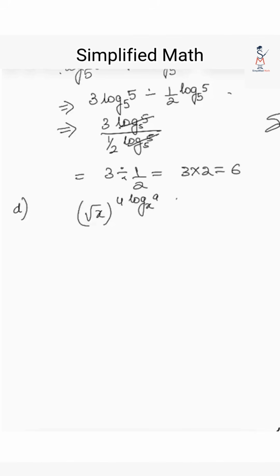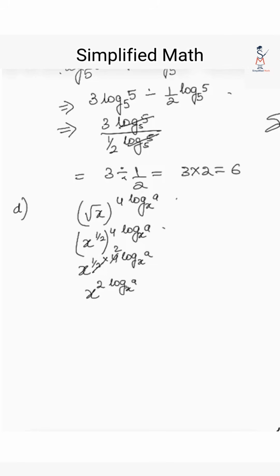Root x means x to the power half, and everything is having a power of 4 log a to the base x. Yes, we can write it like this. That means the power half is multiplied by the power outside the bracket, in this case. So this will be x to the power 2 log a to the base x.